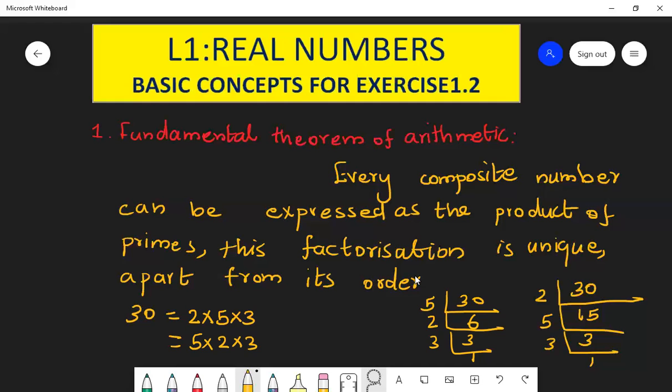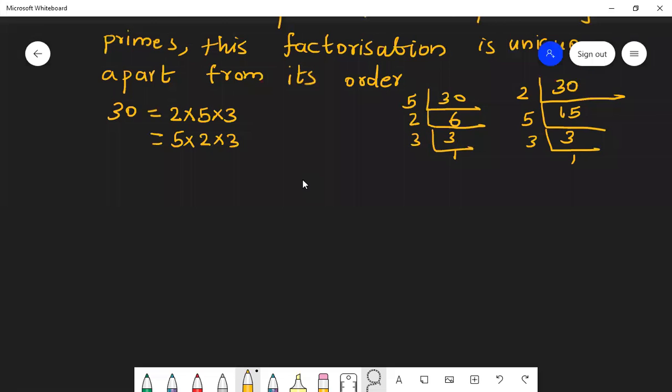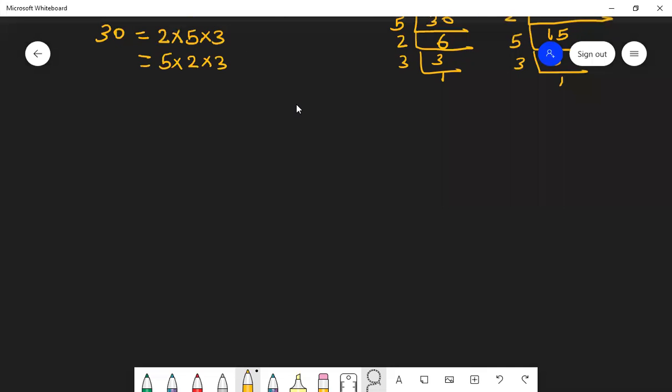Next one, we are going to see, if an exponent of a number is given, how to check whether the value of this number ends with the digit 0 or not. I'll show you with an example.